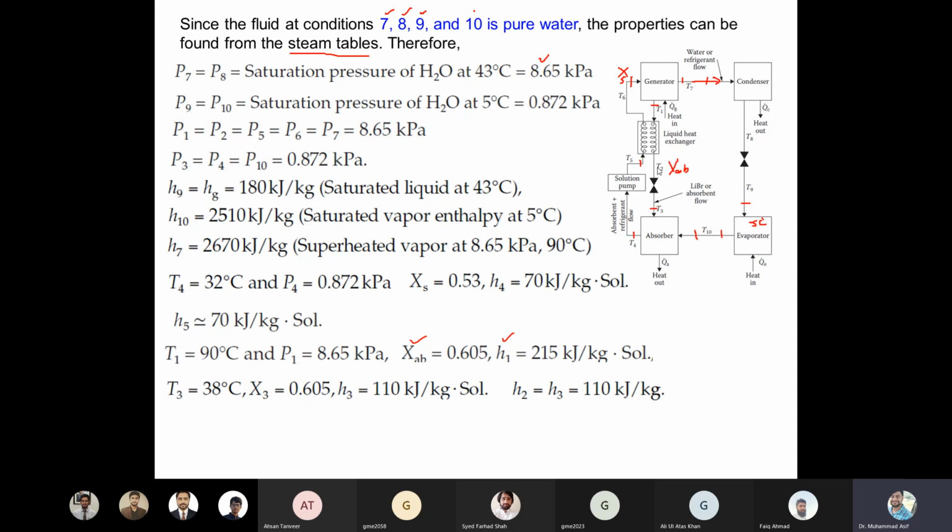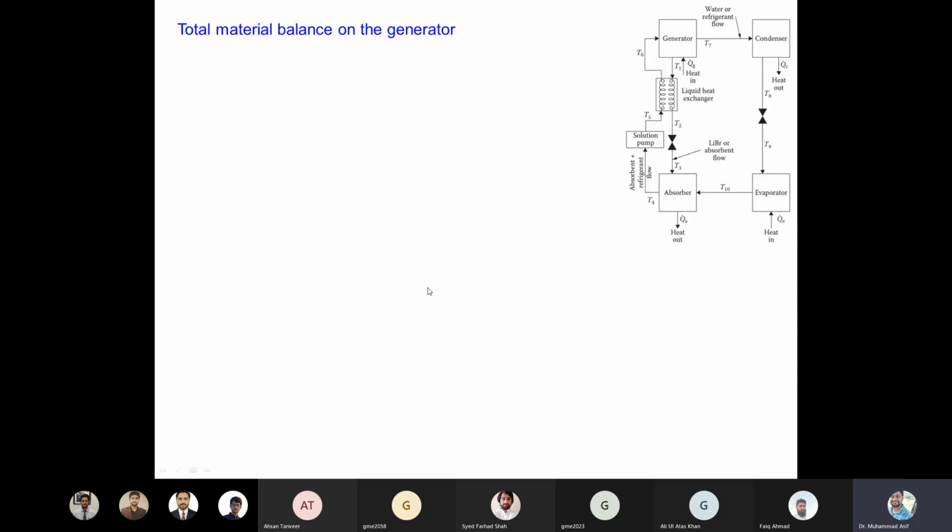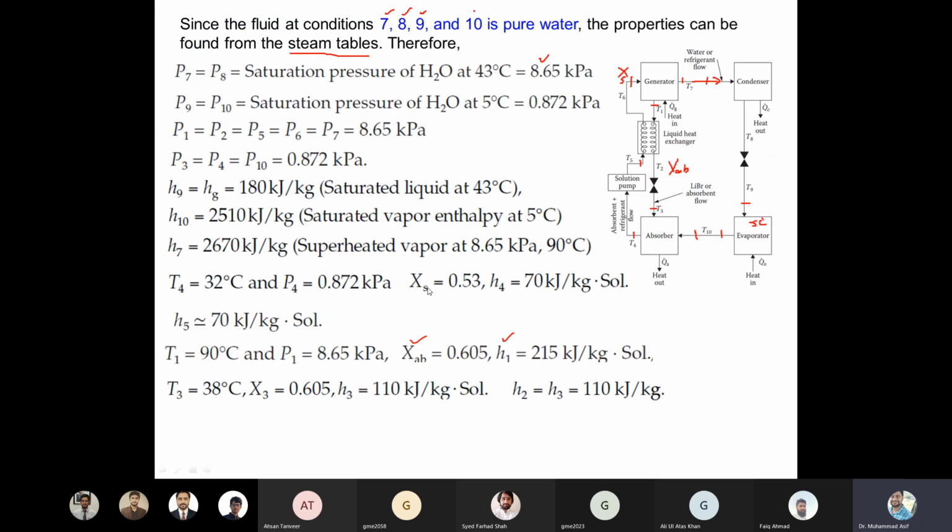And similarly here H2 is equal to H3 because this is an isenthalpic process. So are any of the properties remaining? Have we calculated all of this? No, I think we still have one remaining property. Which property is remaining?